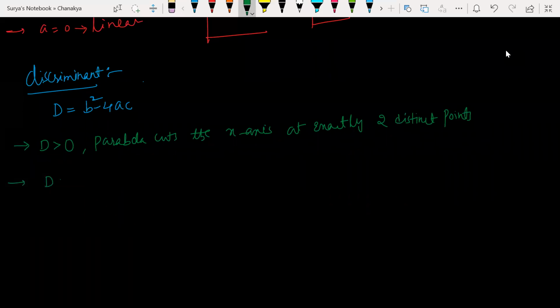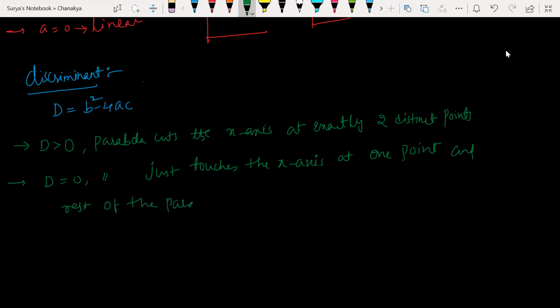And if D is equal to 0, the parabola just touches the x-axis at one point, and the rest of the parabola lies above or below the x-axis, right?